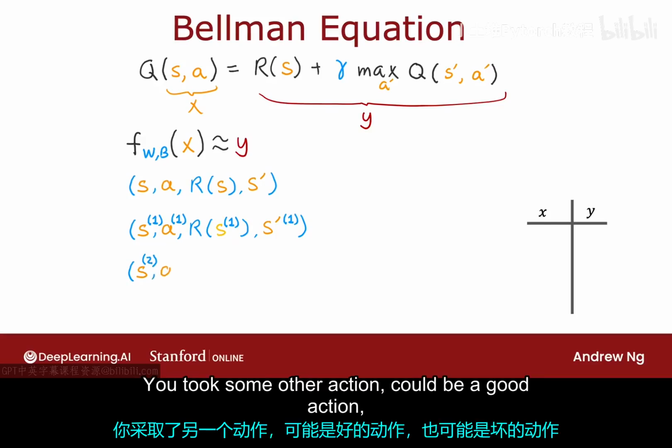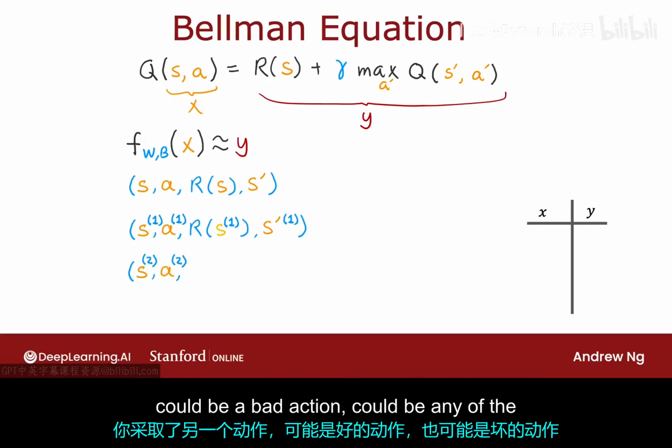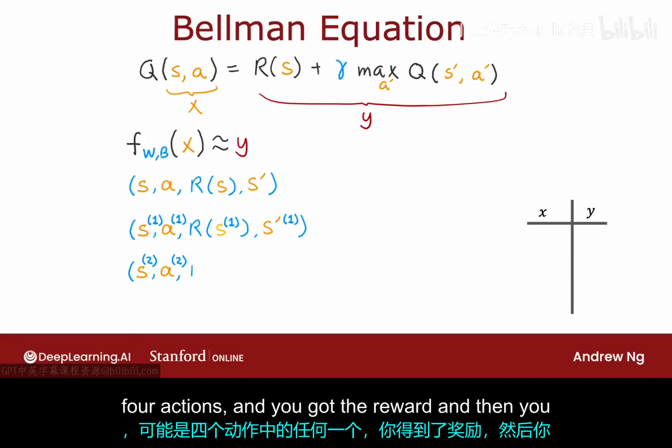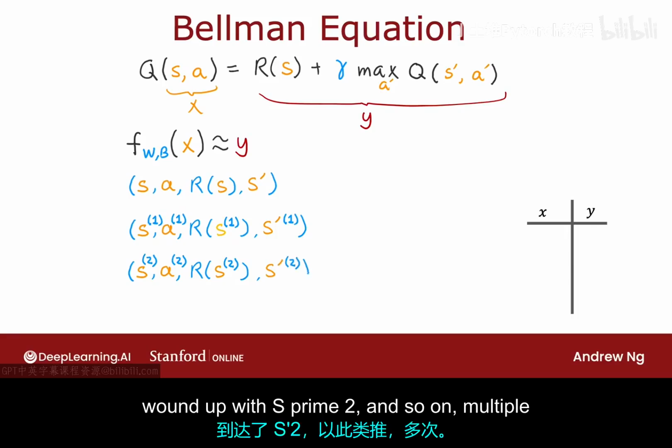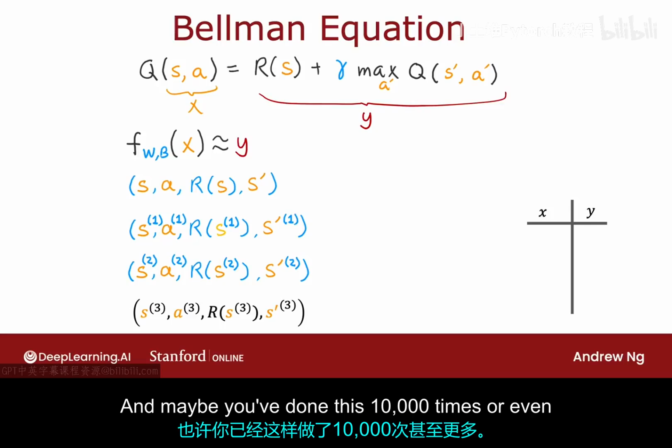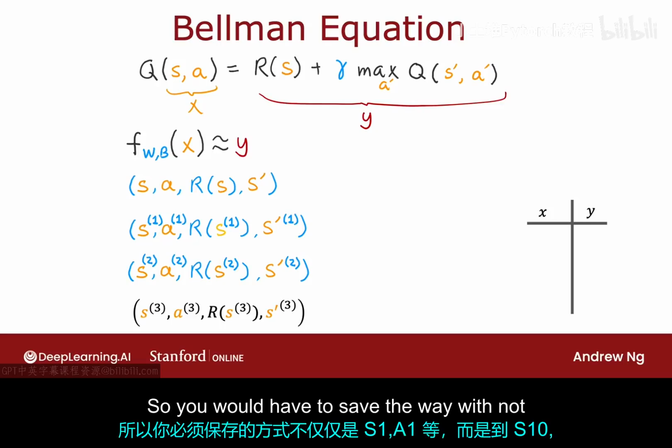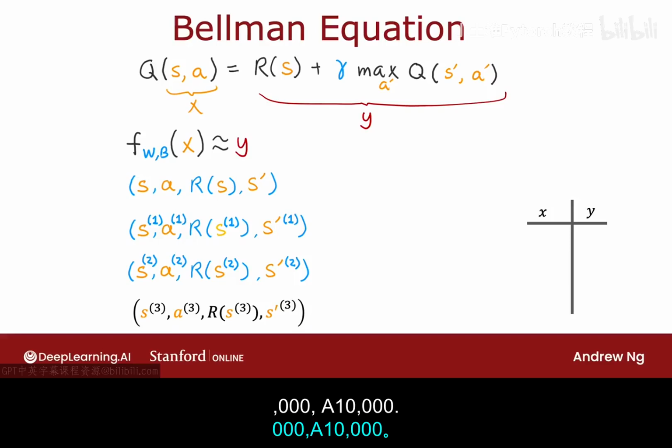You took some other action, could be a good action, could be a bad action, could be any of the 4 actions, and you got the reward, and then you wound up with S prime 2, and so on, multiple times. And maybe you've done this 10,000 times, or even more than 10,000 times. So you would have this saved away with not just S1, A1, and so on, but up to S10,000, A10,000.